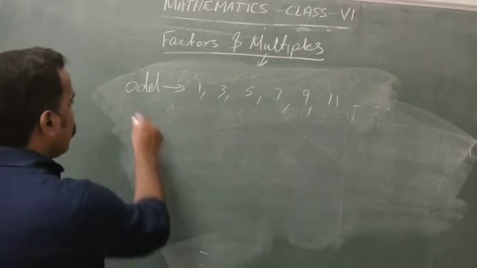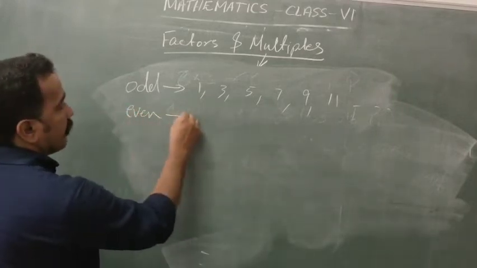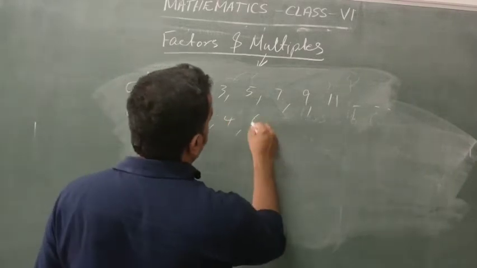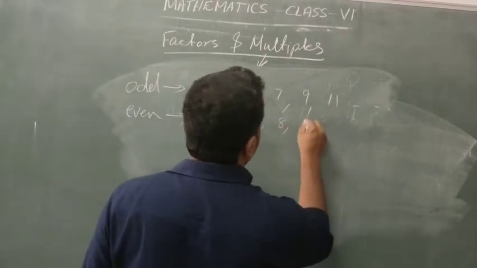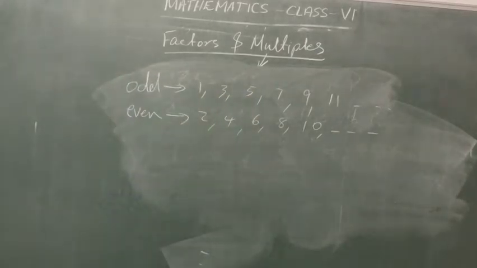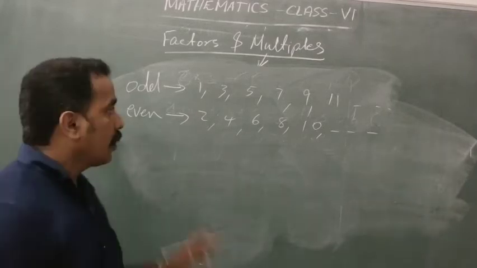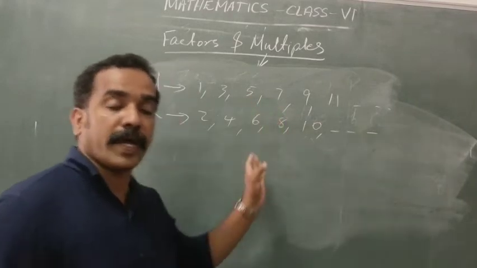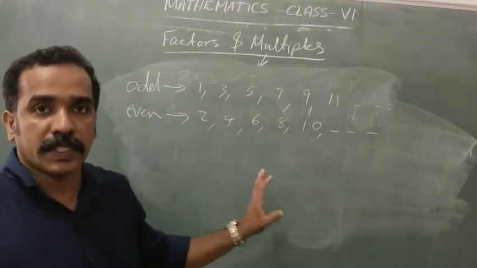Even numbers, what are even numbers? 2, 4, 6, 8, 10, etc. are called even numbers. Understood? Odd and even numbers you already studied.